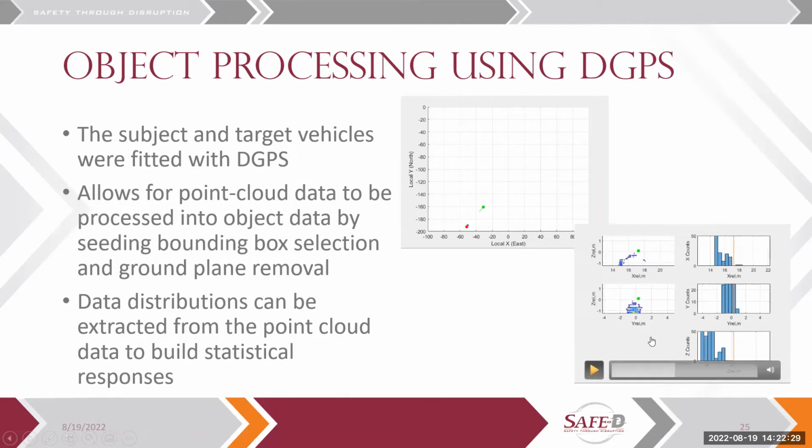So from the distribution of data here, we'll capture that and parameterize it relative to how it responds with changes in range or field of view or different degradation intensities, and build all of the statistical distributions there.